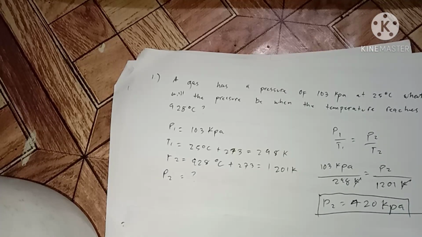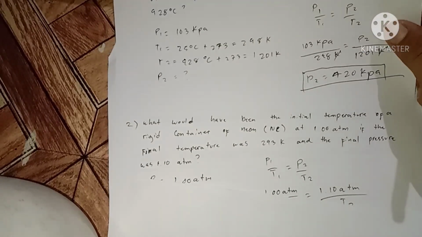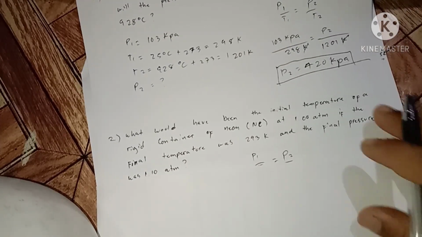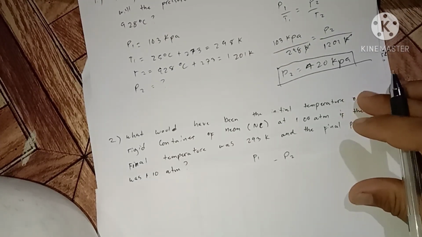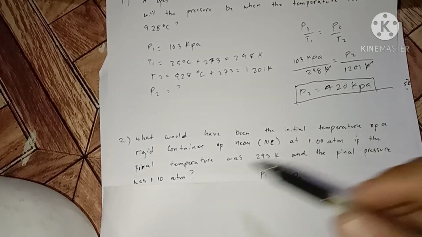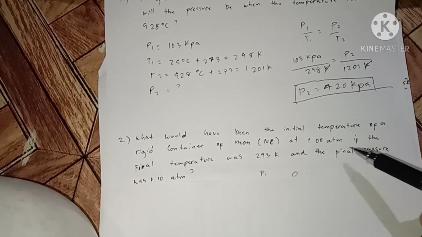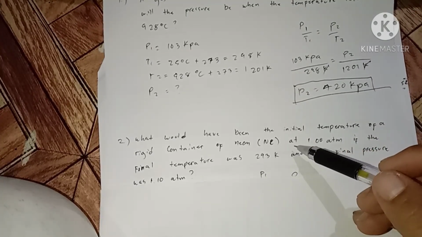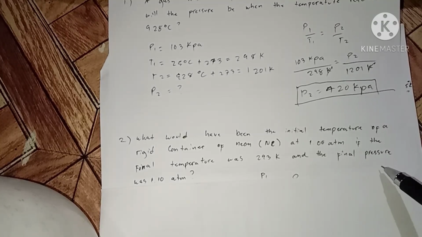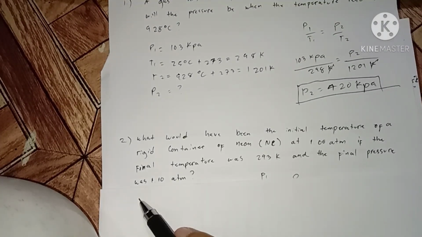So let's proceed to problem number 2. What would have been the initial temperature of a rigid container of neon at 1 atm if the final temperature was 293 Kelvin and the final pressure was 1.10 atm?